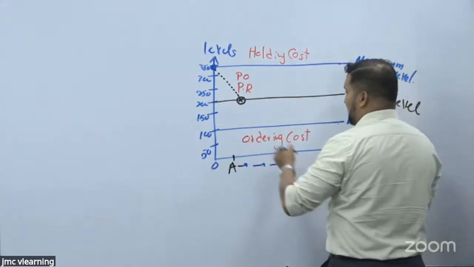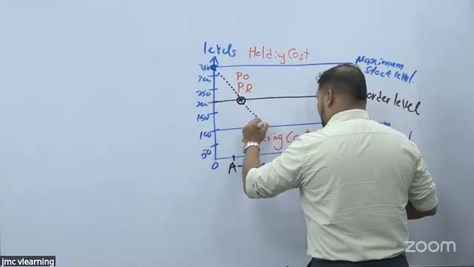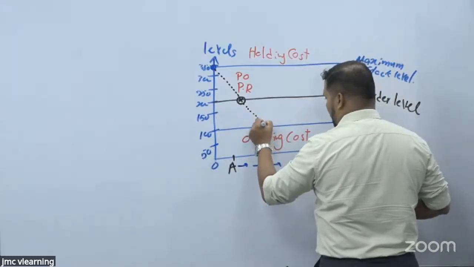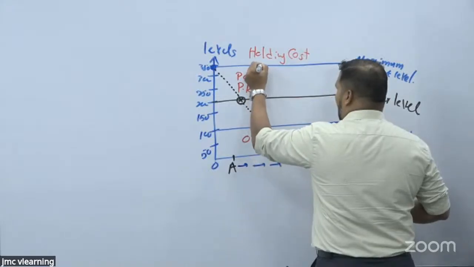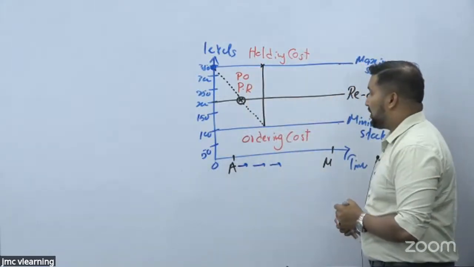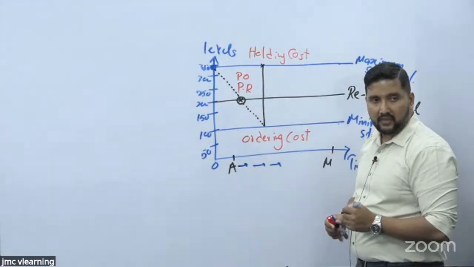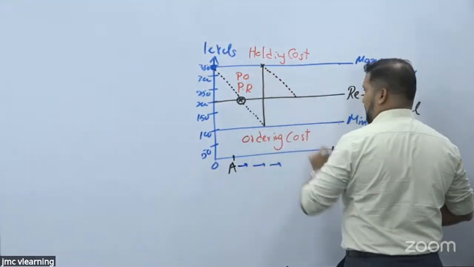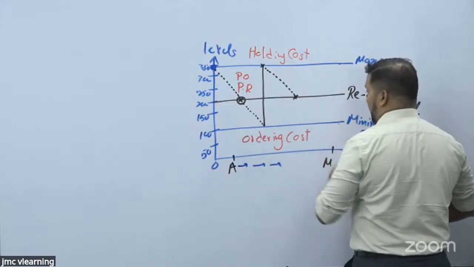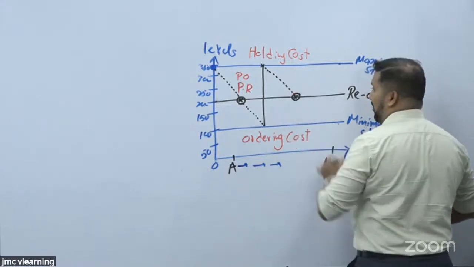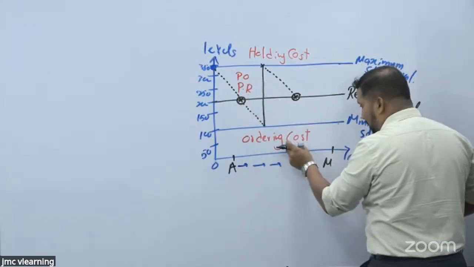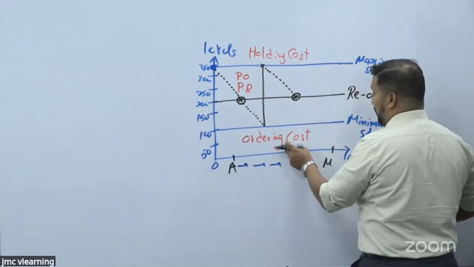So in that context, when the inventory level or the raw material level comes to the minimum stock level, your stock level goes up once again. Clear? Then again, as time passes with usage, you will reach the reorder level. Once you reach the reorder level, you raise the PR and the PO, and you will have an ample amount of stock in your warehouse to run the operations.